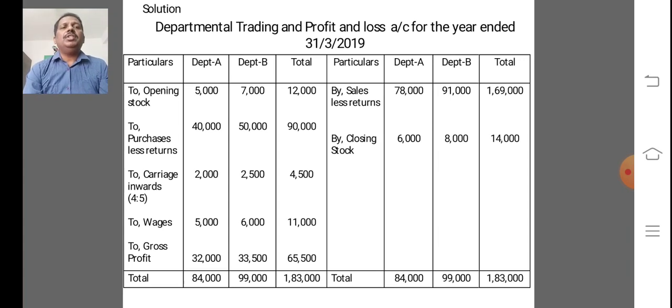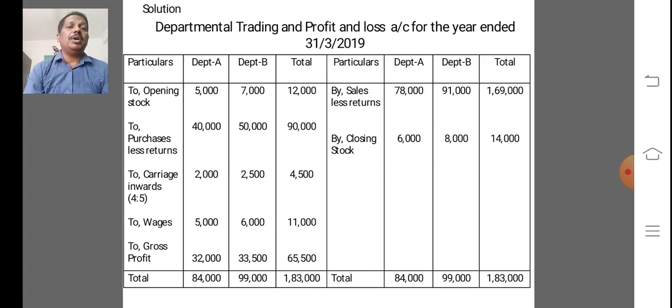So based on this information, we prepare the departmental trading and profit and loss account for the year ended 31/3/2019. On the debit side, particulars, department A, department B, and total column, there are 4 columns. On the credit side also there are 4 columns.